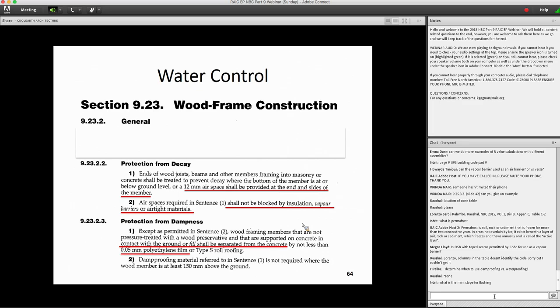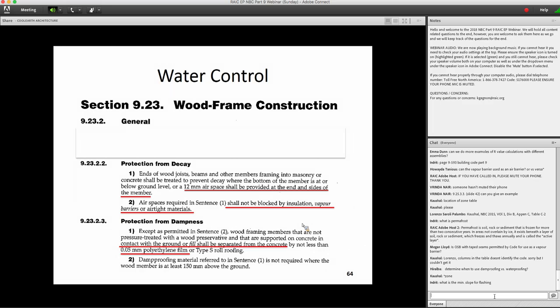Protection from decay. In this case, for wood frame construction, ends of wood joists, beams, and other members framing into masonry or concrete shall be treated to prevent decay, or a 12 millimeter airspace shall be provided at the ends and sides of the members.